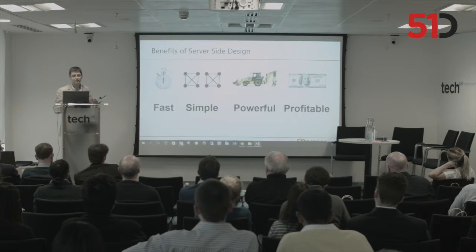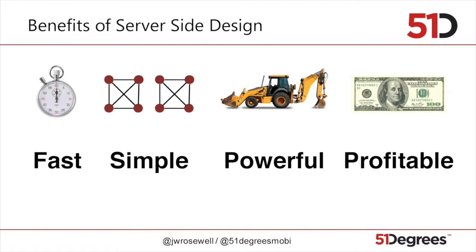So the benefit of considering the server in this equation is it can be super fast. It's a quantity you control. It can be very quick. You can measure it. It's simple. You can break down some of these interconnections and say, we will create something that supports this particular set of devices, and we'll create something else that supports that set of devices.